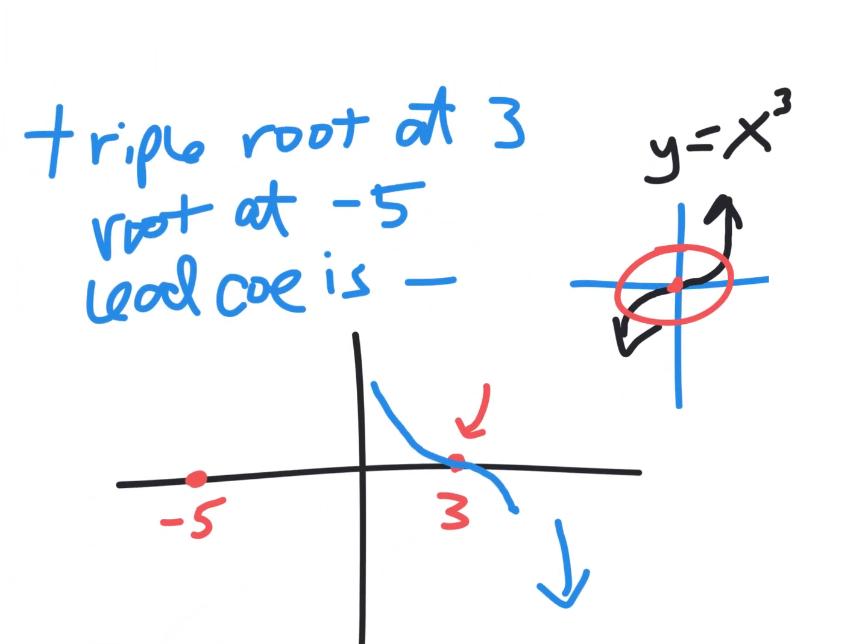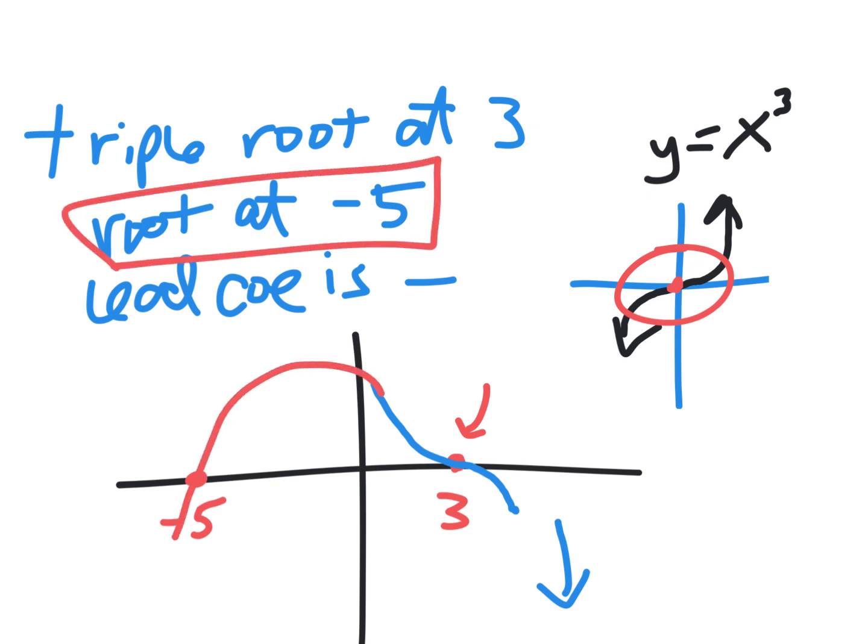All right, and then it's got a root at -5, so I got to go through this, and then it's just a normal pass through there. And I should connect that up, and then there we go. Now I know the drawing of the triple root could cause stress. Just try to remember that it needs to change the speed that it's going. This one was slowing down because it was getting flatter and flatter, and then it went really fast. It's changed from slowing down to speeding up. All right, maybe it'll help if I draw one.